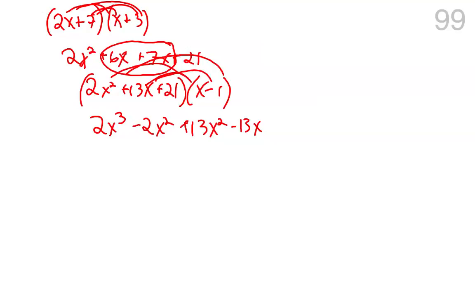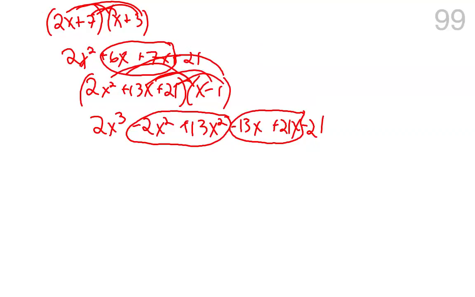And now I'm going to do just the 21, and I get plus 21x minus 21. Now these guys will be combinable, and these guys will be combinable. So altogether, I get 2x cubed plus 11x squared plus 8x minus 21.